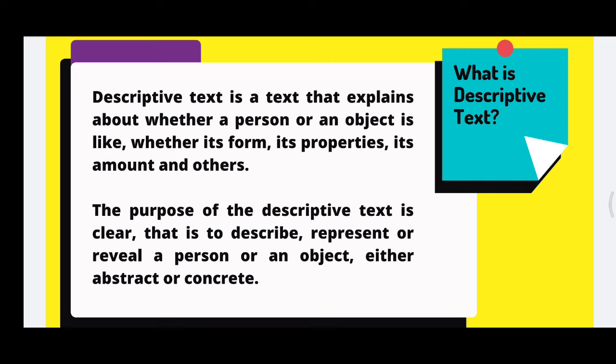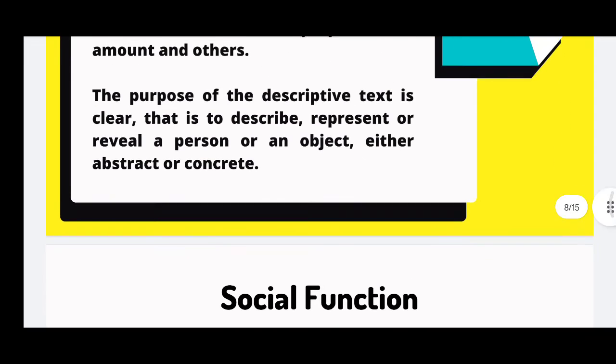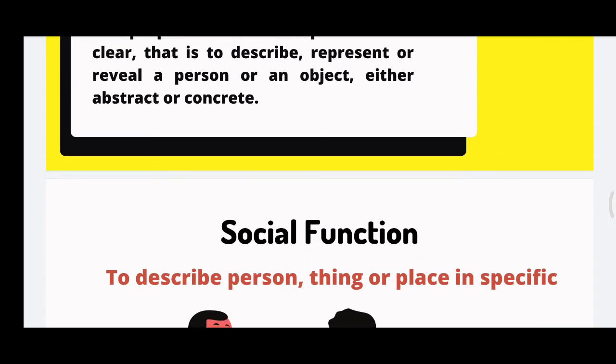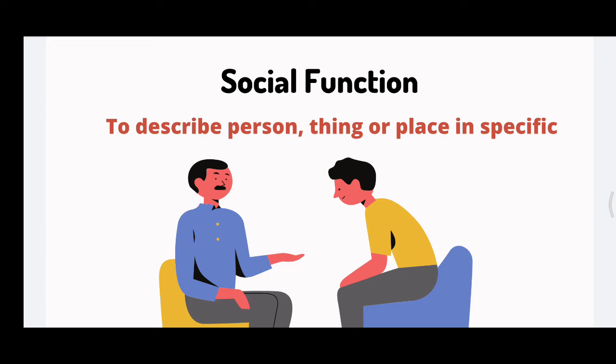So the purpose is clear, and for sure it is used to describe, to represent, and to reveal a person or an object, either abstract or concrete. So it is very important for us to notice the basic concept of descriptive text, what the text is all about.